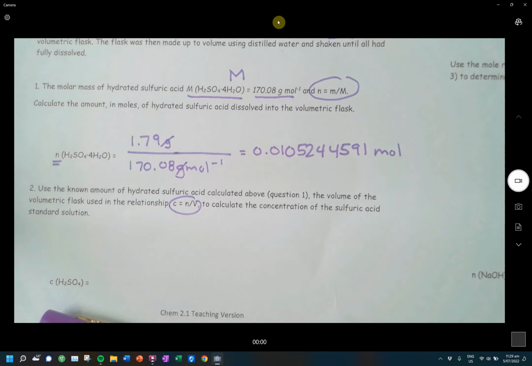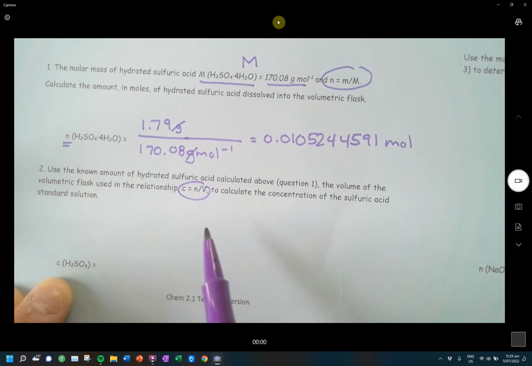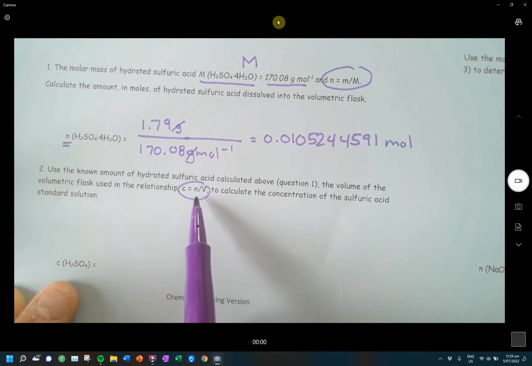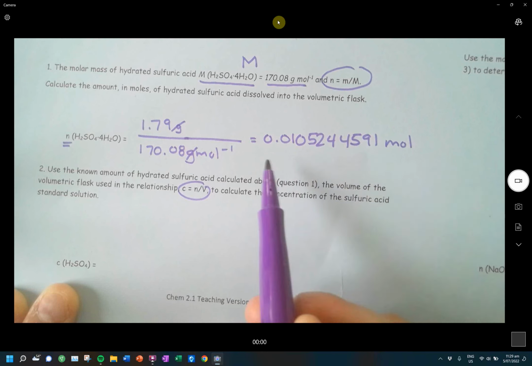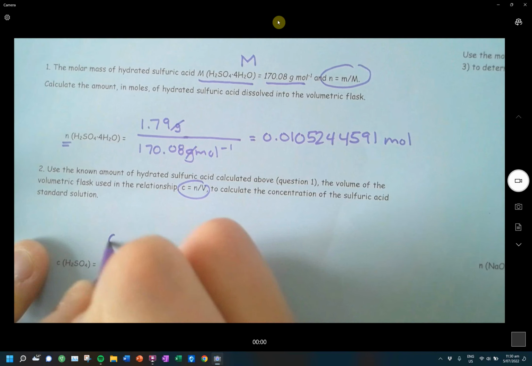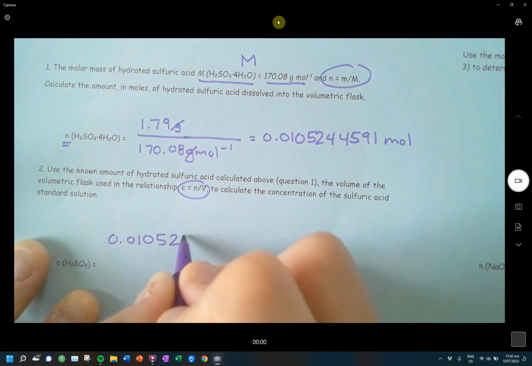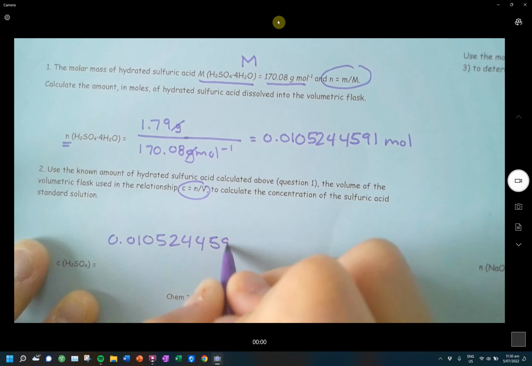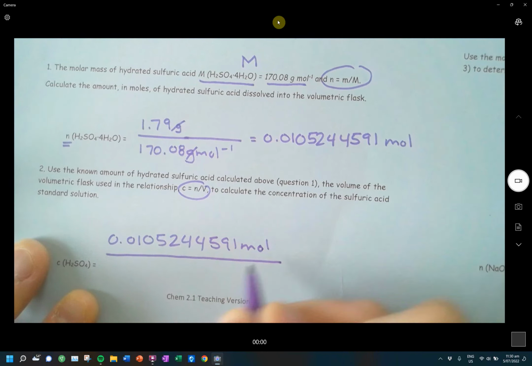All right, so you guys can hopefully see where this is going. Once again, I have my concentration is equal to the amount divided by the volume. So this here is my amount. So I'm just going to copy that long number down. And I'm dividing it by volume.